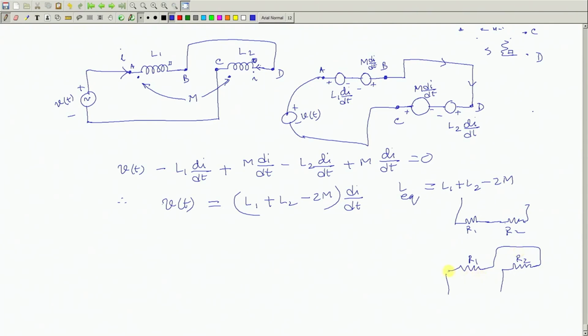The series connected, no doubt they are, but equivalent inductance between the terminals will depend upon whether they are additively connected, like L1 plus L2 plus 2M, or in a subtraction mode. You should be careful.